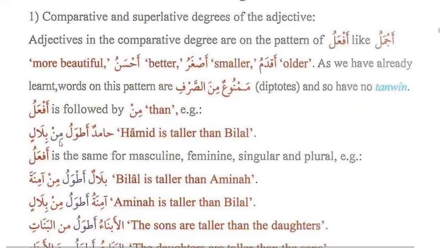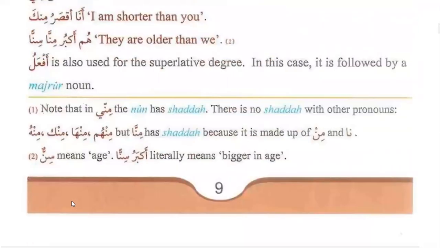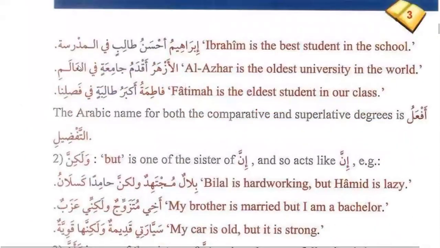If you see harf jar min after these words, then this means it is comparative degree. And if you see a mudaf ilayh like this, talibin, jamiatin, talibatin, after a comparative or superlative word, then it is superlative degree.